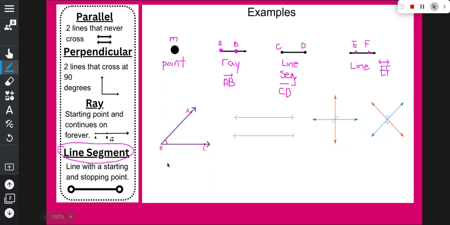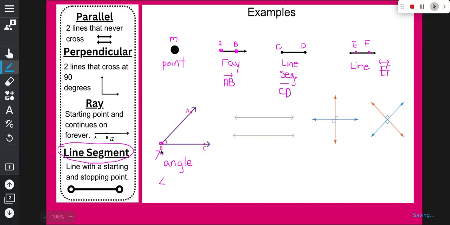All right, our next thing we're going to talk about is an angle. An angle, if you notice, is just made up of two rays, and they meet at a vertex. So we have ray BA, and we have ray BC. And they meet at the vertex point of B. B would be considered the middle. Now we can name an angle also. To give an angle a name, we would write a little angle symbol.